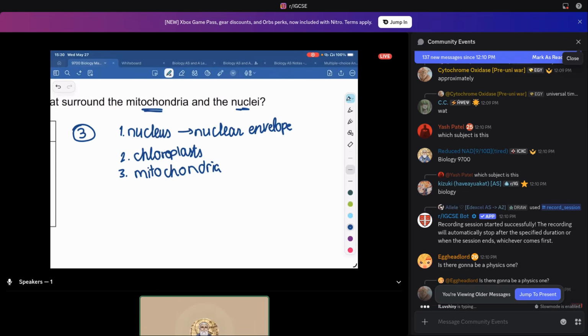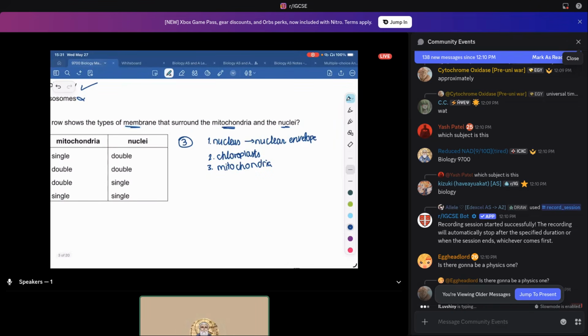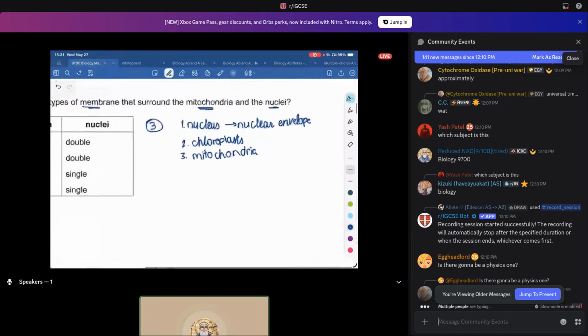Now, an interesting premise is why the chloroplasts and mitochondria have a double membrane. Now, we know that they were originally bacteria, according to the endosymbiotic theory. So, when they got endocytosed by the original cells, the membrane of the endocytic vesicle remained present.